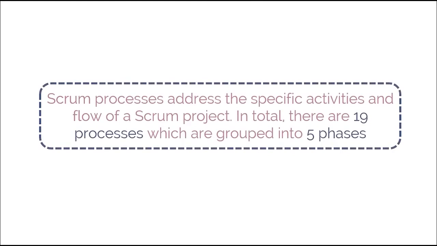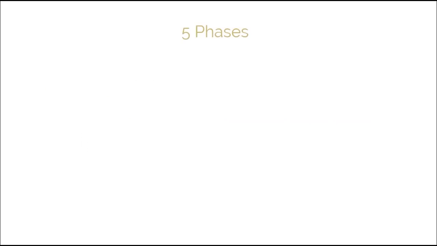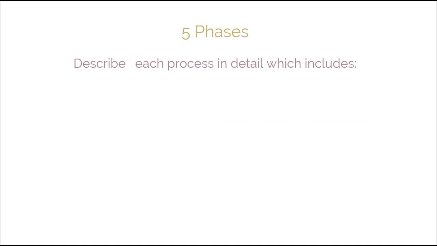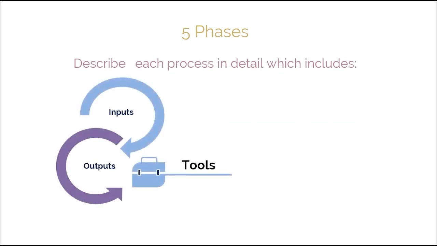In total, there are 19 processes, which are grouped into 5 phases. These phases are presented in chapters 8 through 12 of the SBOK guide. These 5 phases describe each process in detail, including the associated inputs, tools, and outputs.